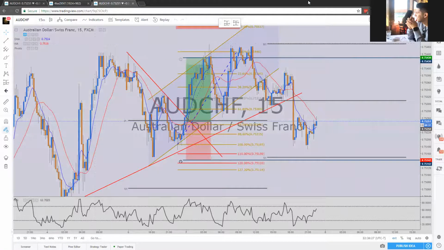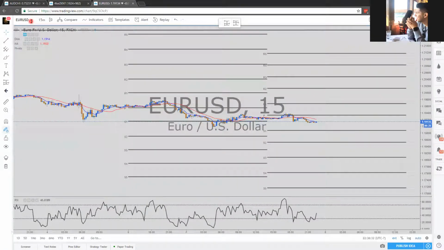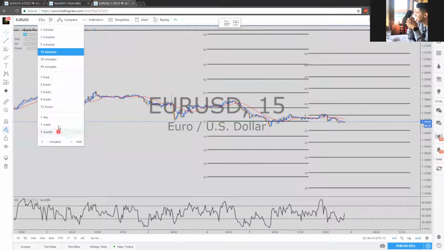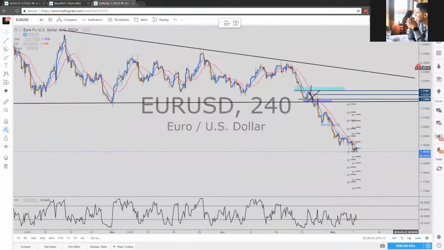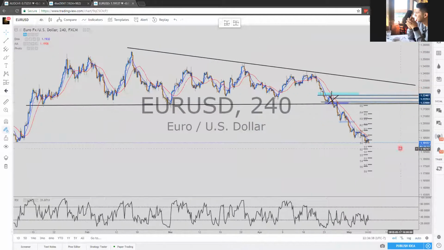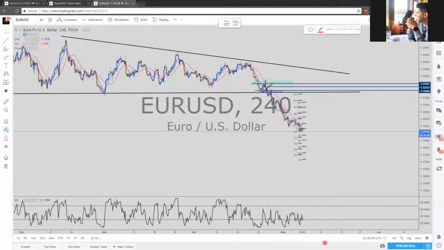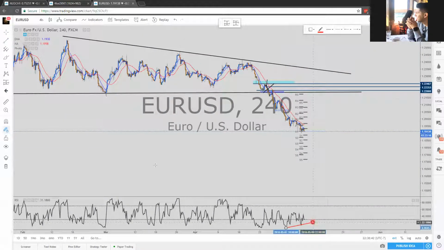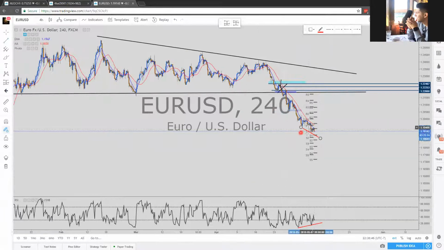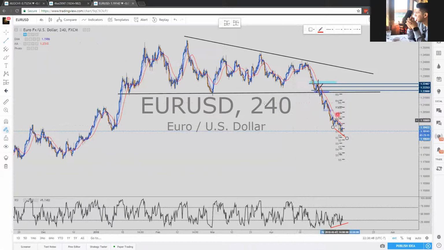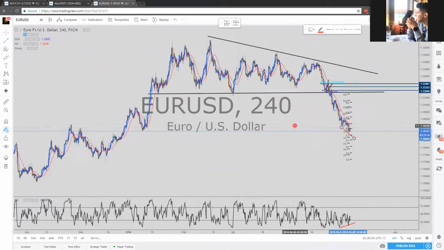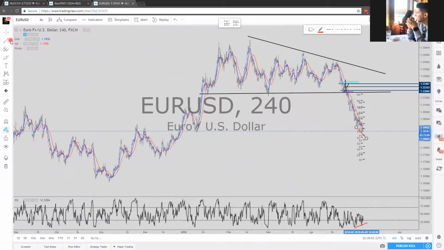So let's go on to the Euro USD. Check out what's going on here. Overall with Euro USD, I can see that price is getting weaker. It dropped really low. We can also see I drew my resistance line.